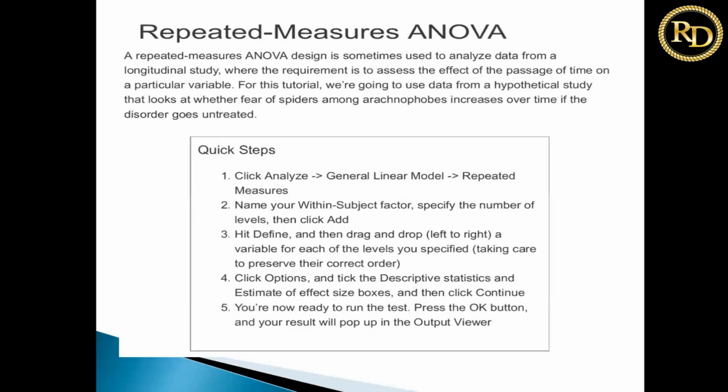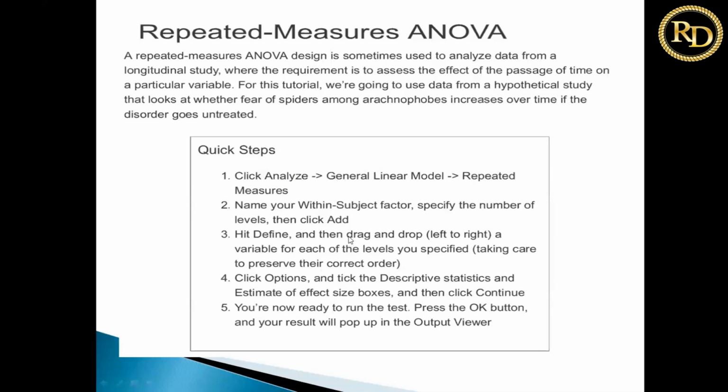Now we come to repeated measures ANOVA, which is an extension of the paired t-test. Here we check the equality of means of more than 2 repeated observations. To perform this repeated measures ANOVA in SPSS, we click on Analyze, then GLM, that is General Linear Model, and there we select Repeated Measures.